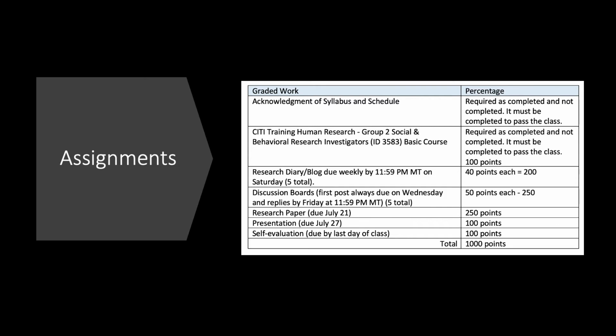The second is CITI training, and CITI training is your human subjects research training. I specifically want you to do the social and behavioral research investigators basic course. When you log into CITI, you will need to register and you choose University of New Mexico.